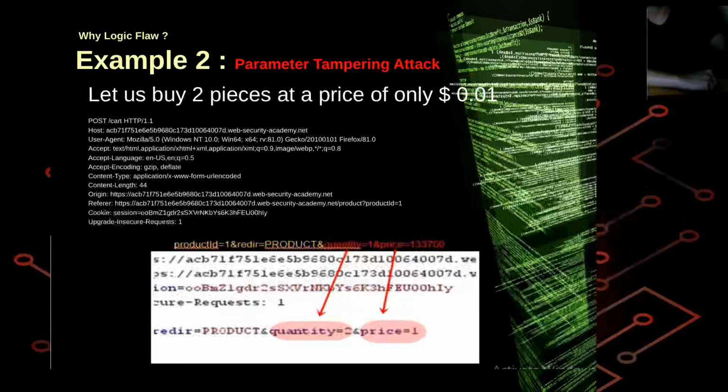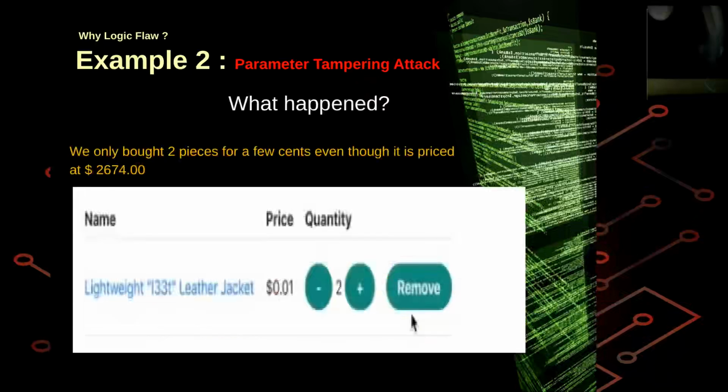This means that we want to buy 2 jackets for a few cents. As you can see, the price is still 1. So what happened? We succeeded in buying two jackets for a few cents.